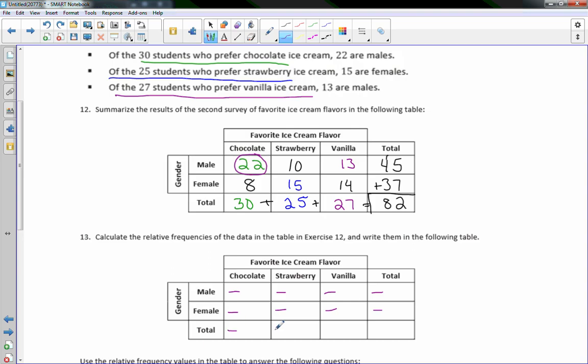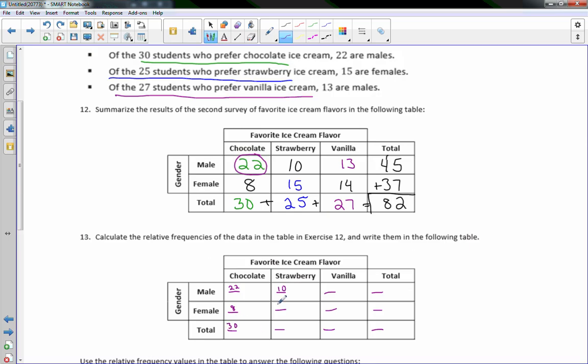Okay, these are not minus signs. These are my division bars. And I'm just setting that up. We're going to do a ratio, or in this case, a proportion, because it's statistics. And I'm going to put the number that's in each of these squares in the numerator. So there were 22 who liked chocolate, and 8, and that totaled 30.